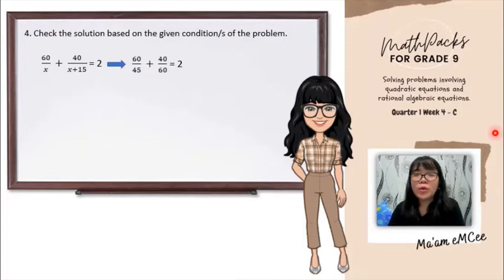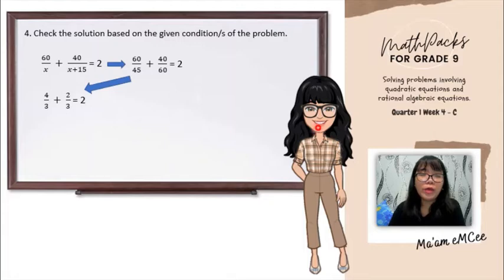Okay, so we have here 4 thirds plus 2 thirds is equal to 2. Dito natin makikita na binawasan natin ang 4 thirds. We have reduced 60 over 45 to its lowest terms because this one is a fraction. Reducing or getting the lowest term of a certain fraction, that means to say we need to think of the greatest common factor between 60 and 45.